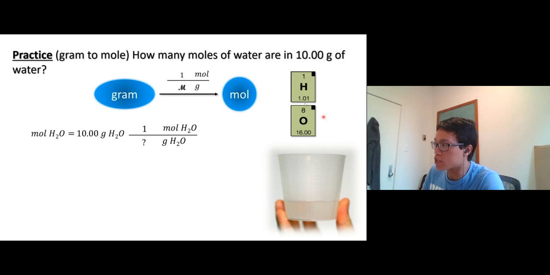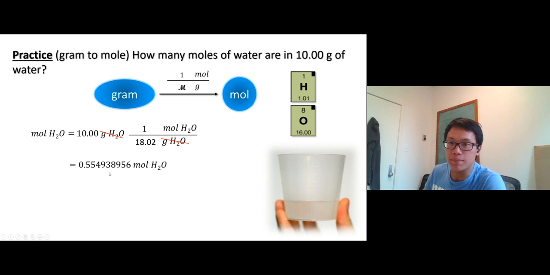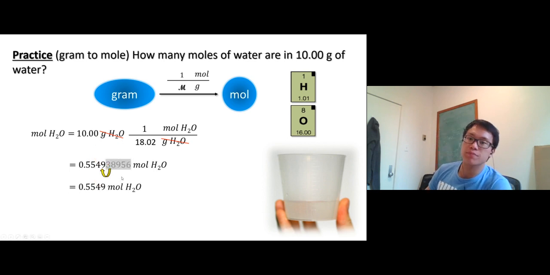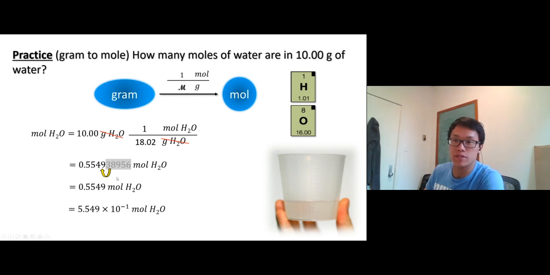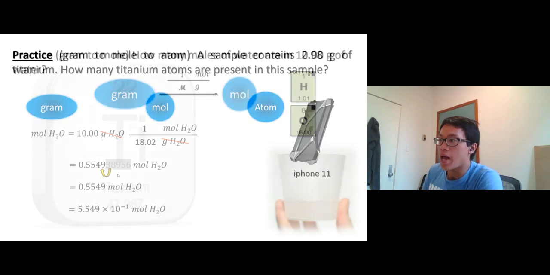A mole of oxygen weighs 16, a mole of hydrogen weighs 1.01, but there are 2 moles, so 2.02. So 16 plus 2.02 is 18.02. Grams cancel out, and then you get that number. Now 4 sig figs: 1, 2, 3, 4, the 3 right here, round it down. You can make it scientific notation if I ask you for it. Ta-da, that's it.